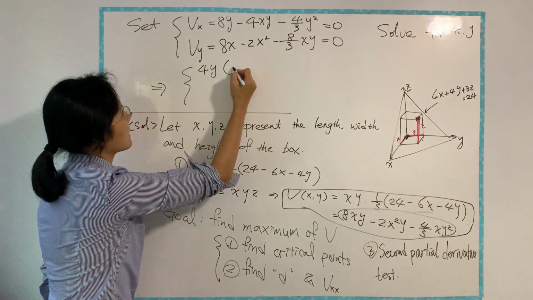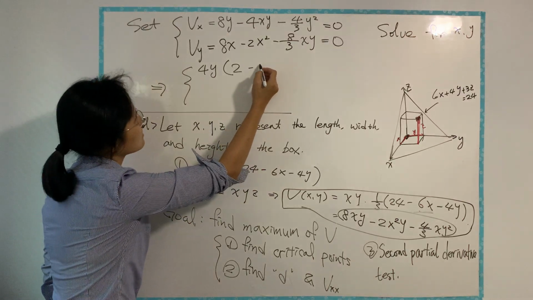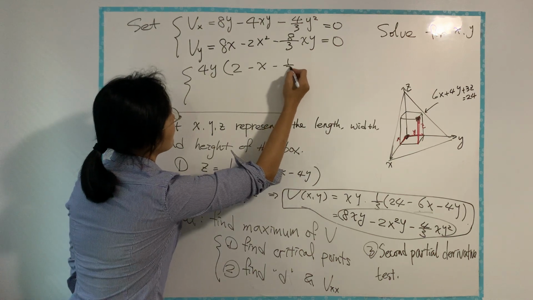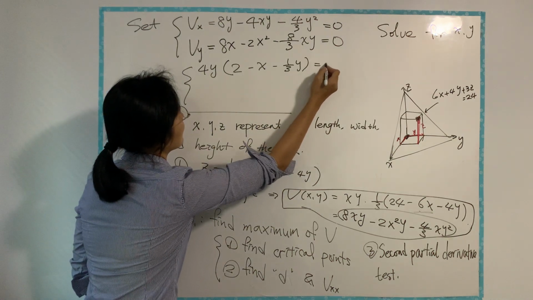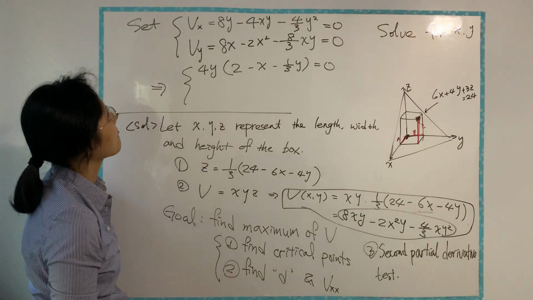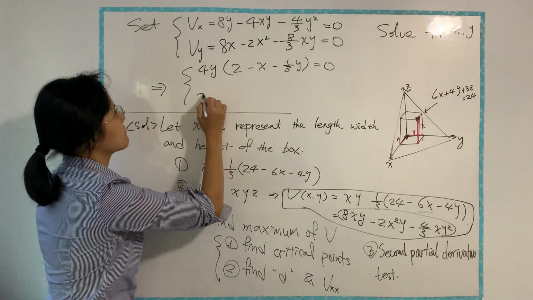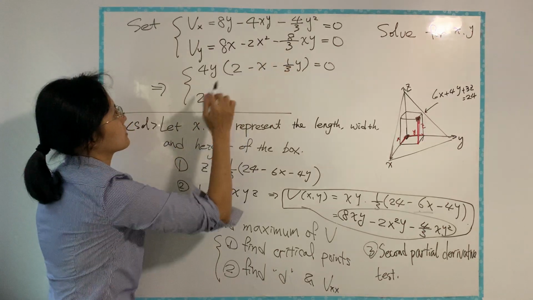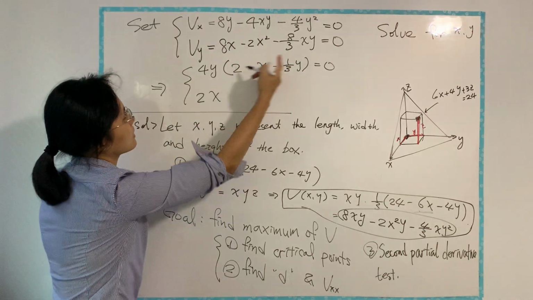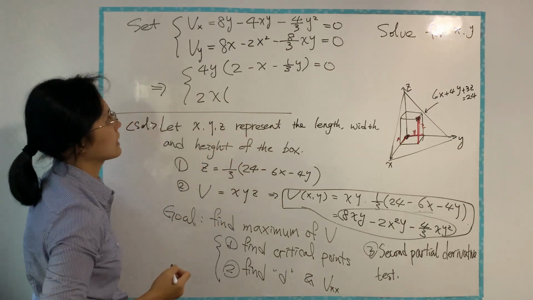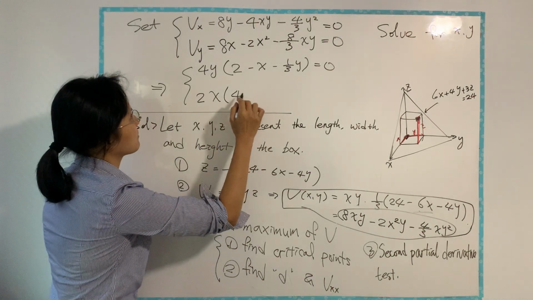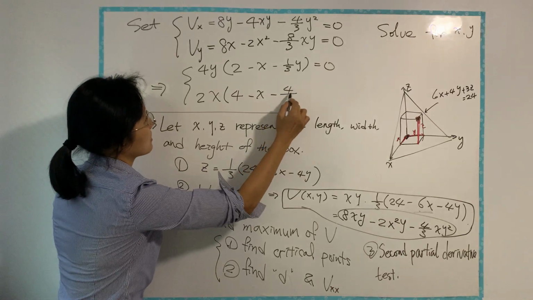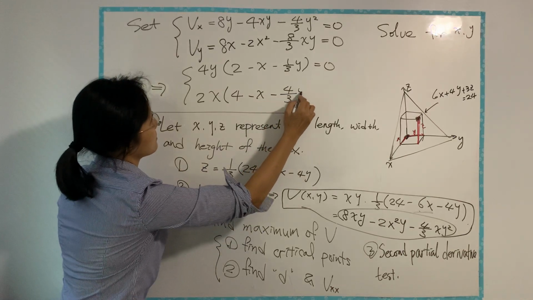So 4y times (2 minus x minus 1/3 y) equals 0. Here I can factor out a 2 because all the numbers are even, and they all contain an x, so I can factor out an x as well. So I'm left with 4 minus x minus 4/3 y.